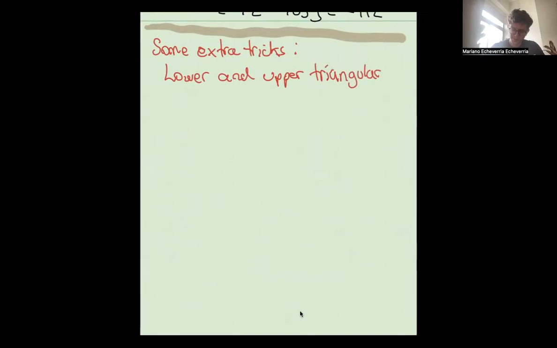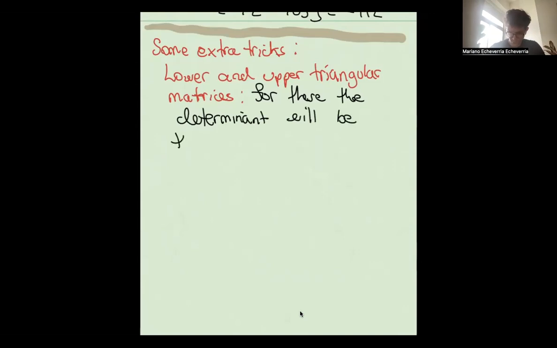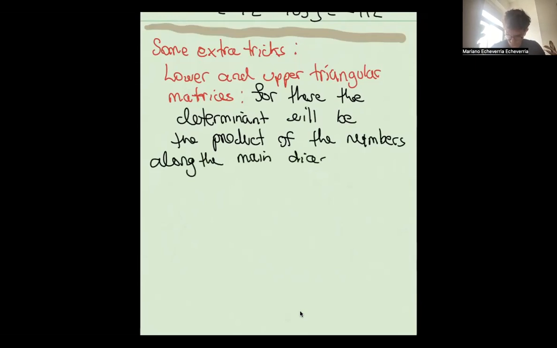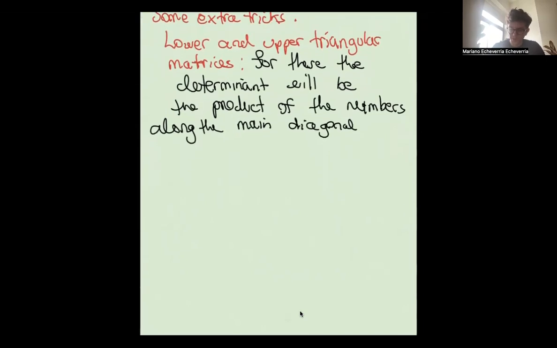I don't think I have told you what these are, but you'll see from a picture what they are. In this case, the determinant would just be the product along the main diagonal. So what do I mean by that?